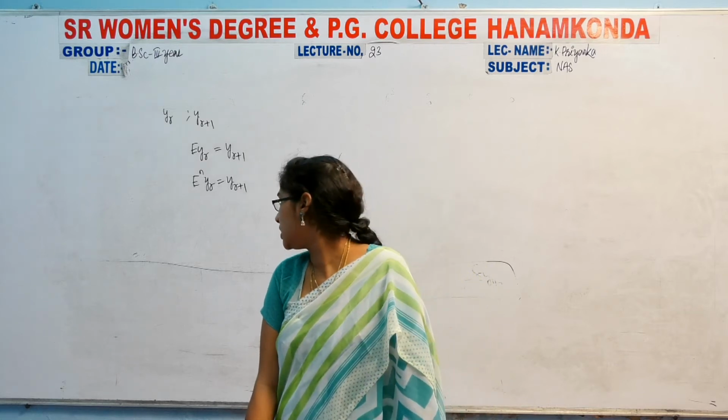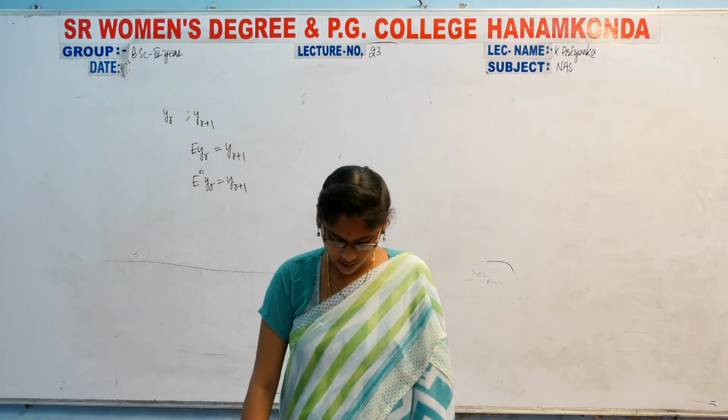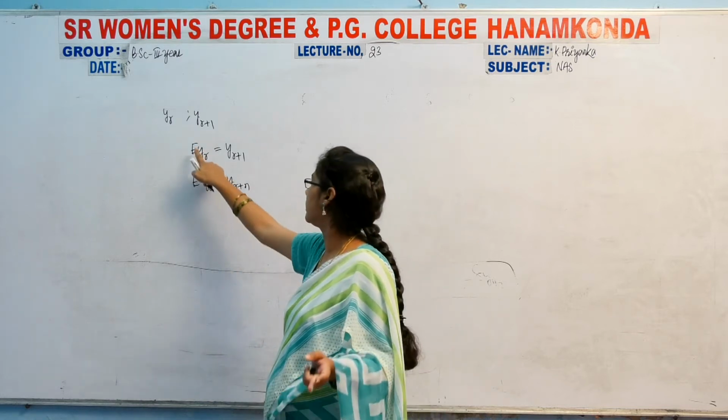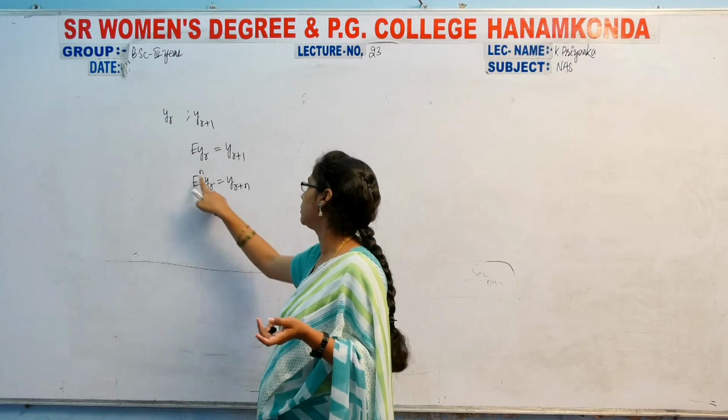In general, E power n yr is equal to y r plus n. Here if it is 1 then 1, if it is 2 then 2, if 3 then 3, like that.